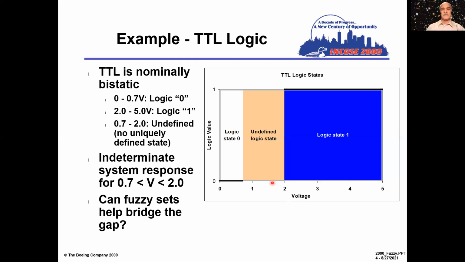And remember from our prior SRA discussions, one of the things about completeness is we have determinate behavior for all possible input conditions. So how to handle this indeterminate state, and can fuzzy sets help bridge that gap?